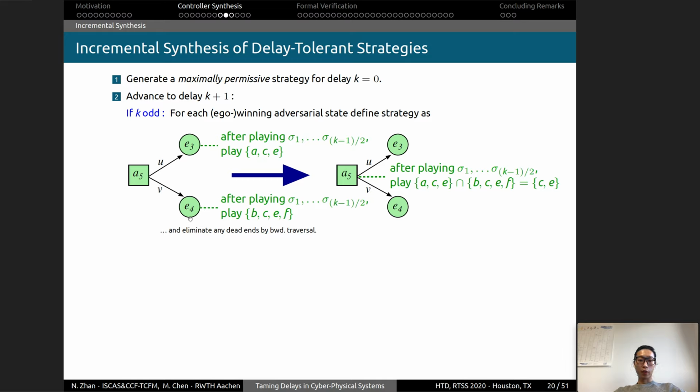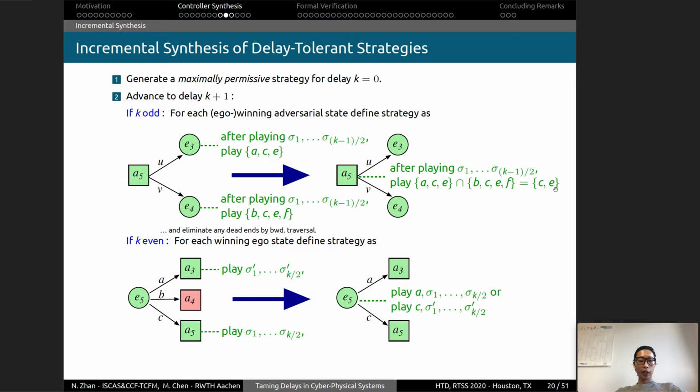Similarly for state E4, we have safe actions B, C, E, F. Now, in order to lift the delay to k plus 1, we have to label the box states with the strategy for player 1. How to do that? We can simply take the intersection of these two safe sets of actions, which are C and E. So C and E here mean that at state A5, player 1 can pre-decide already that k plus 1 time units later, I will play either C or E, and both of them are safe.